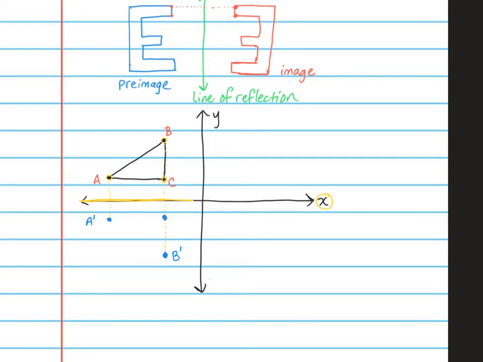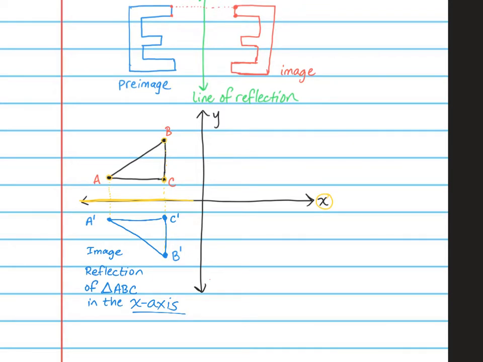Obviously, you'll be doing this on actual graph paper, so it'll be a whole lot easier to find your points. We're going to do that in our RPJs on the next slide. So here we have our image, and it is a reflection of triangle ABC in the x-axis.